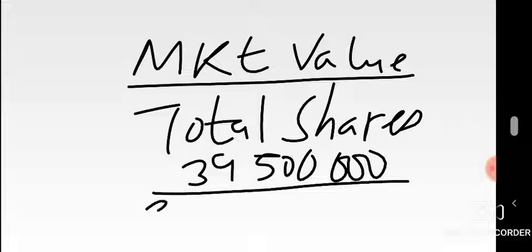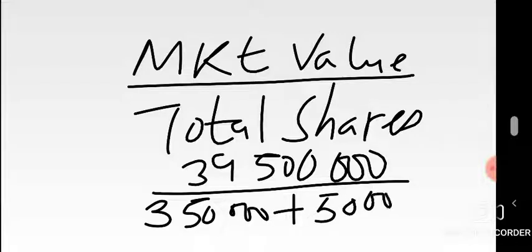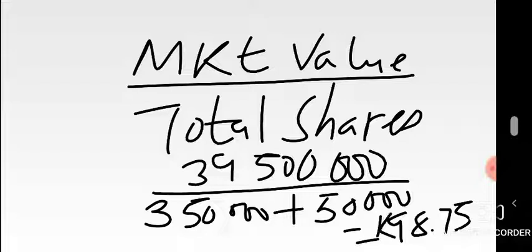It's going to be old shares plus new. That's what they mean by total shares. Division of this into that. When you divide, we are looking for the ex-rights price. Answer, 98.75 kwacha. That's the answer for the ex-rights.